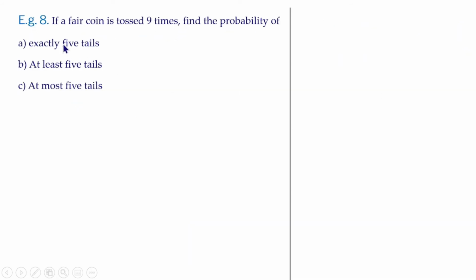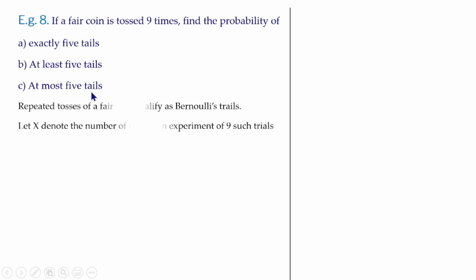The next question: if a fair coin is tossed 9 times, find the probability of exactly 5 tails, at least 5 tails, and at most 5 tails. So now here we can see that this experiment, repeated tosses of a fair coin, qualifies as Bernoulli's trials.